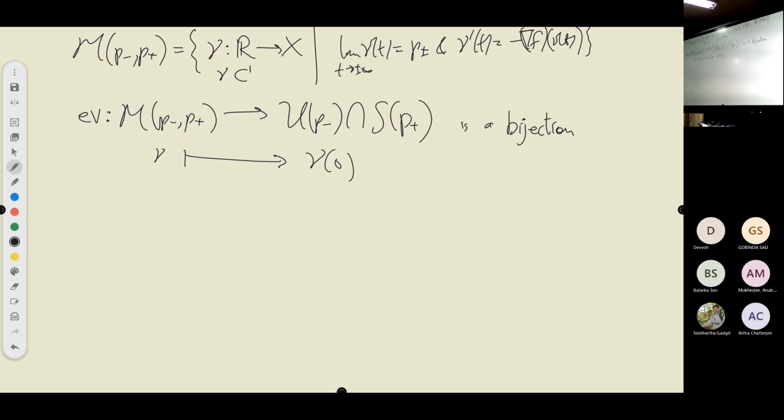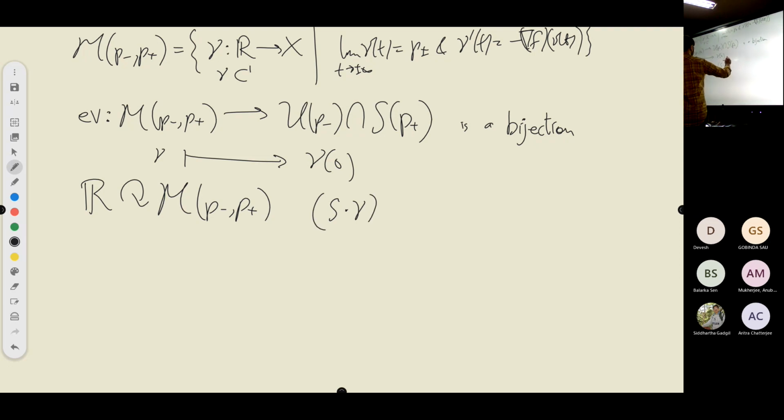Okay. So notice that this space has an R action, which is a real number S acts on gamma, and this gives a new trajectory.